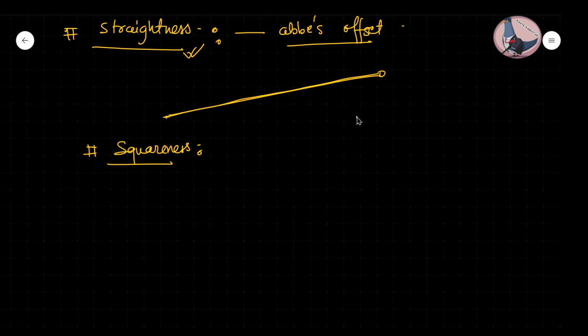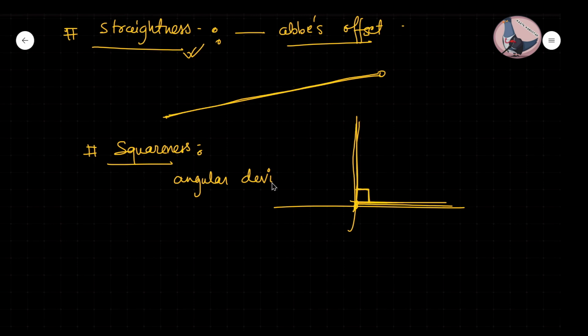Squareness means your probe will measure in two perpendicular directions, and then check whether it is 90 degrees or not. So it actually checks the angular deviation of two perpendicular lines.